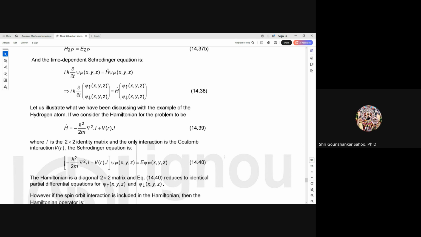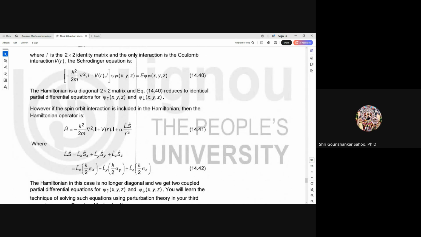Here I is a 2 by 2 identity matrix, and the only interaction is the Coulomb interaction V, and the Schrodinger equation is now modified to minus h-cross squared by 2m del squared I plus V I, whole multiplied by chi, operated over chi(r) equal to E chi(r), where chi(r) is a function of x, y, and z. And the Hamiltonian is a diagonal 2 by 2 matrix and reduces to identical partial differential equations for psi up and psi down.